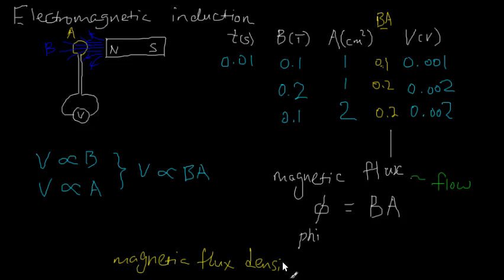I've mentioned many videos ago that B is called the magnetic flux density. B tells us how strong a magnetic field is, but we don't call it magnetic field strength. We call it magnetic flux density, and here is the reason: because we think of B times A as a magnetic flux.